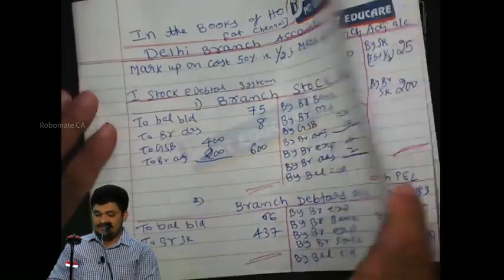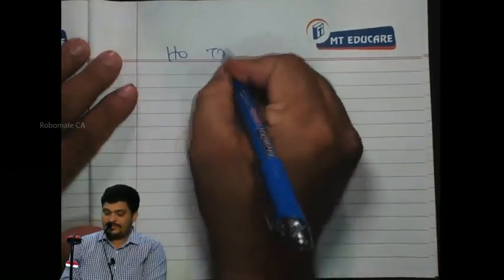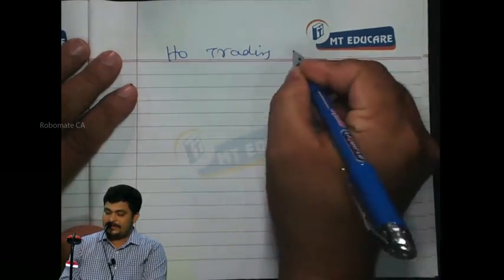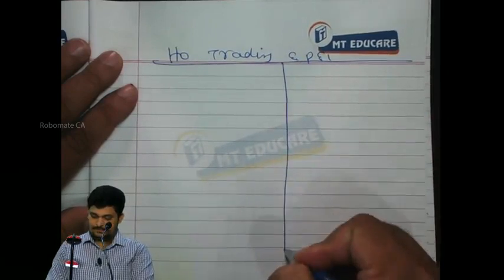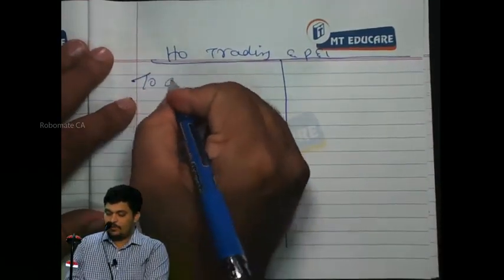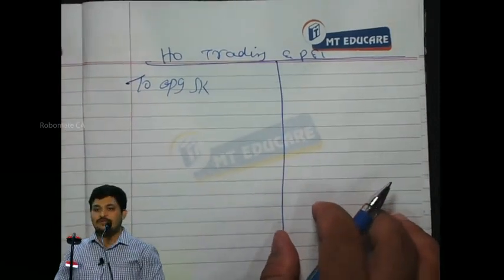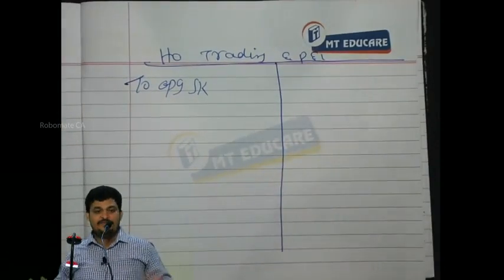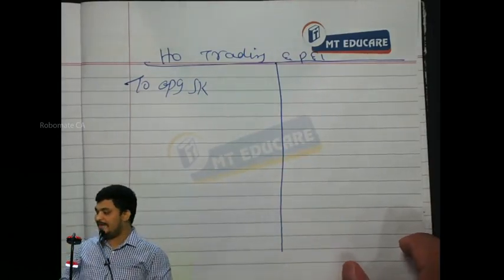Anyway, friends, please listen. Let me also complete the head office trading and P&L. To opening stock. It is not the single entry model of the same question. It is a different unit of the business, head office related transactions.